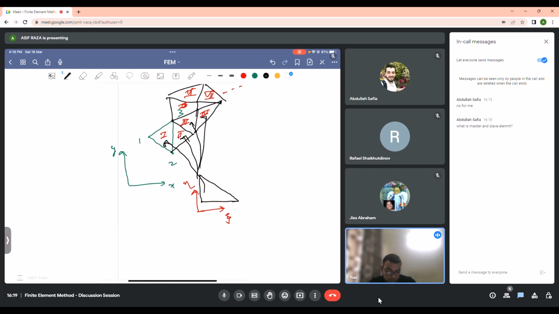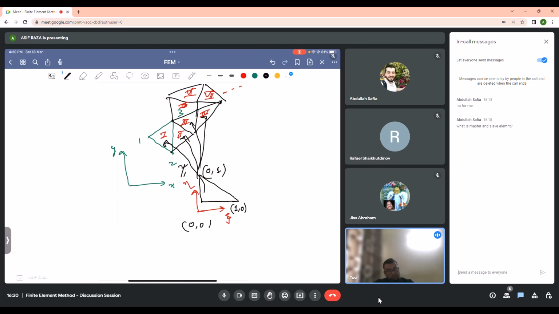What notation should I use? Psi. So psi one maps a master element to this. So the master element is this, having xi and eta as 0, 0. This is 1 comma 0 and this is 0 comma 1.